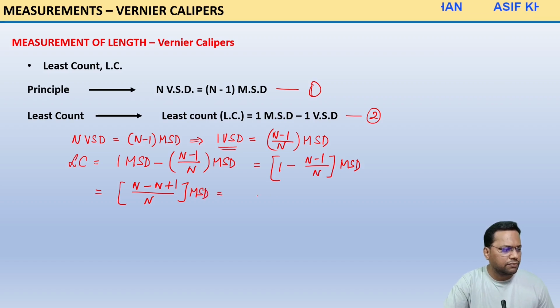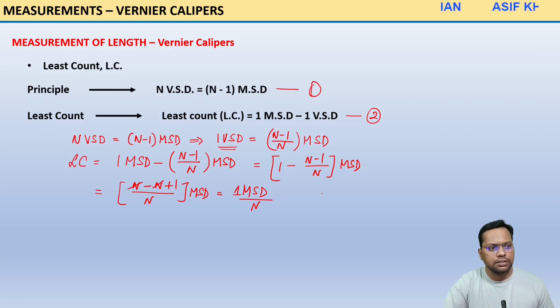If you simplify further, this n and n get cancelled, and you will be left with 1 main scale division divided by the total number of Vernier scale divisions. So this is the simplified expression for the least count of the Vernier calipers.